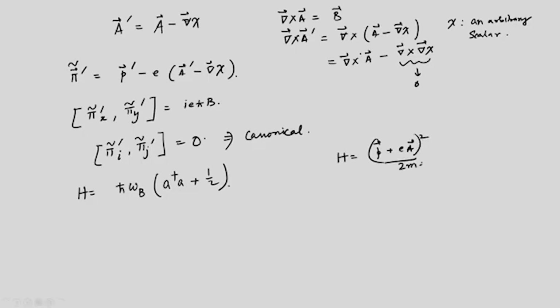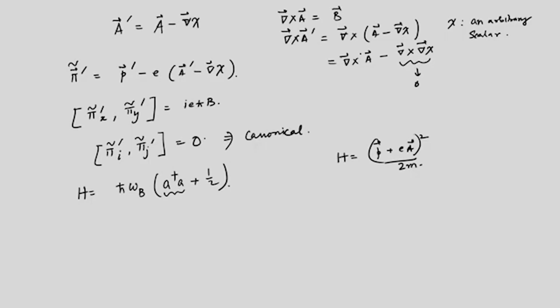So, P changes to P plus EA and so on, and then of course you write it in terms of pi, and when you convert it into the A and A dagger, this certainly gives you the number operator corresponding to this problem.